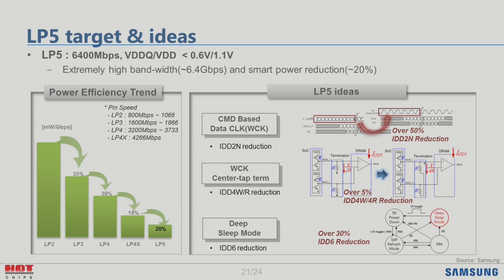And second is the center tap termination of WCK for differential signaling. We estimated the operating power can be reduced by over 5%. And finally, in order to reduce the reflection current, we propose the deep sleep mode. Using this mode, we can achieve an IDD6 reduction of 30%.